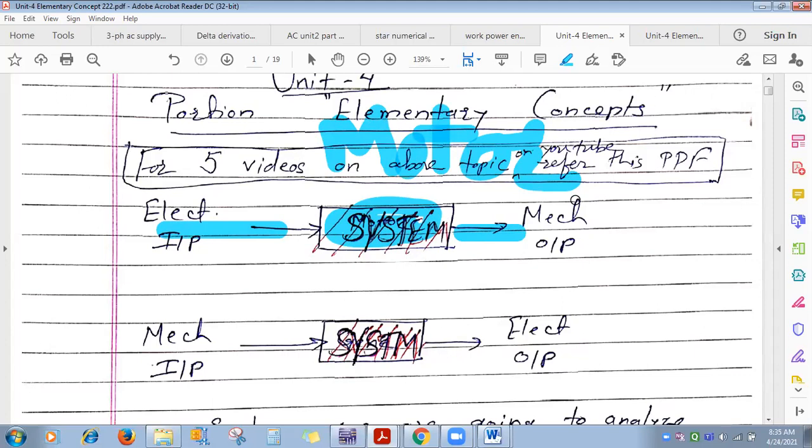Inside a fan, all of you know, a motor is there. Whenever you switch on the switch, that time electrical input gets applied to that motor, and then the motor produces mechanical output, and that's why the fan starts to rotate. So what is the conclusion to keep in your mind? For every motor, electrical is the input and mechanical is the output.